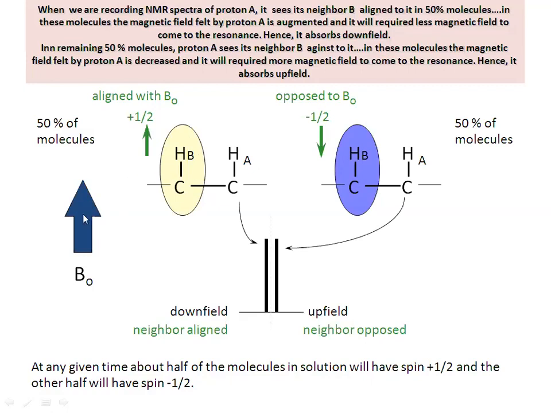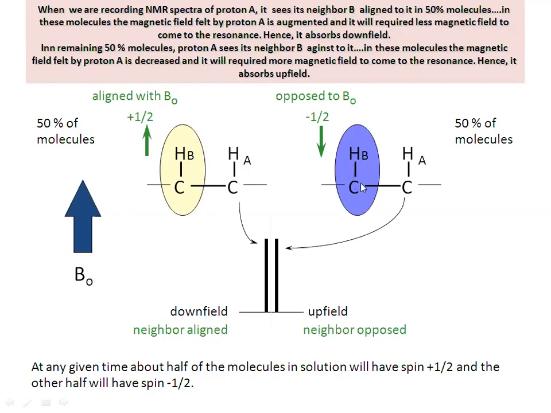When this happens, the net magnetic field experienced by this proton is going to be higher, so it demands a lesser external magnetic field. That's the reason this HA proton in 50% of the molecules will come at a downfield value, as its neighbor is supporting it.